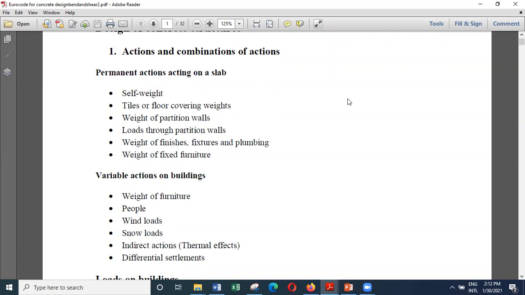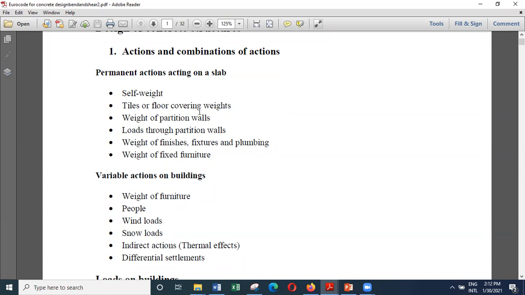So we get permanent actions and variable actions. So permanent actions are the permanent loads and variable actions are the variable loads. So permanent actions are due to finishers, services, self-weight, and any other load of permanent nature.